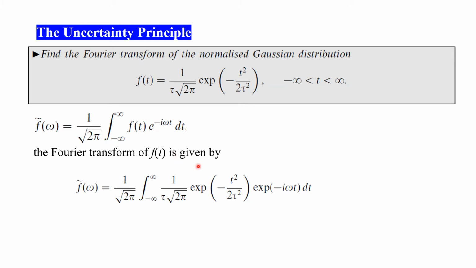The Fourier transform of f of t is then given by 1 over square root of 2 pi integral of 1 over tau square root of 2 pi exponential negative t squared over 2 tau squared exponential negative I omega t dt. So we just used this equation and substituted your f of t, or your normalized Gaussian distribution, in this equation here.